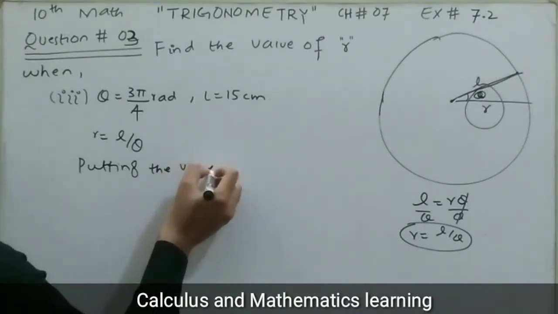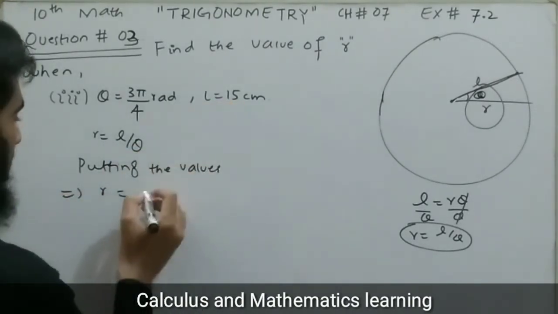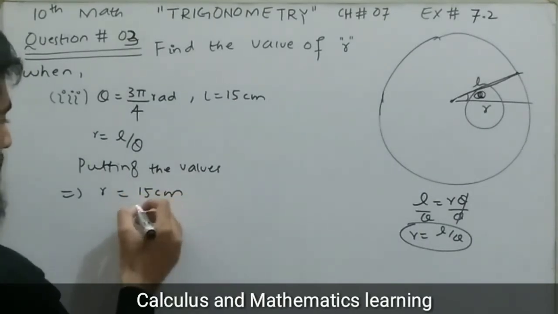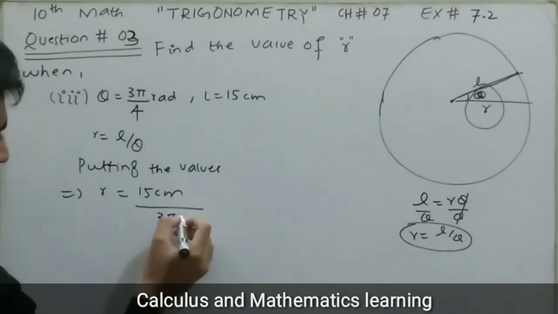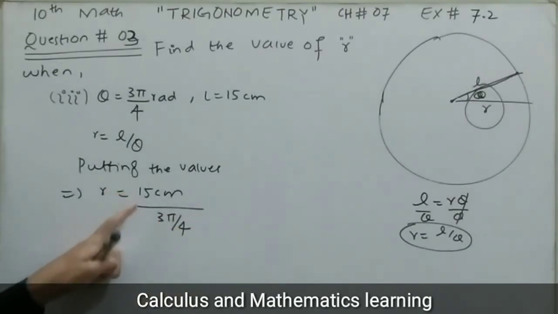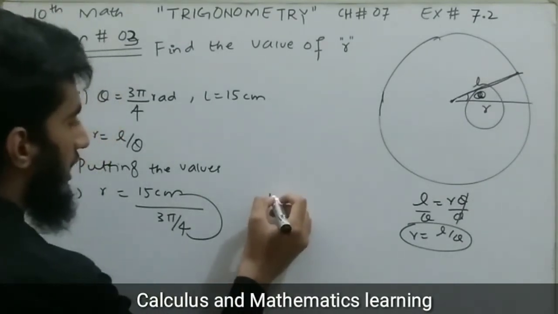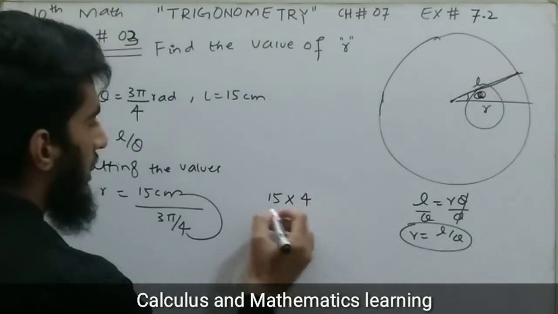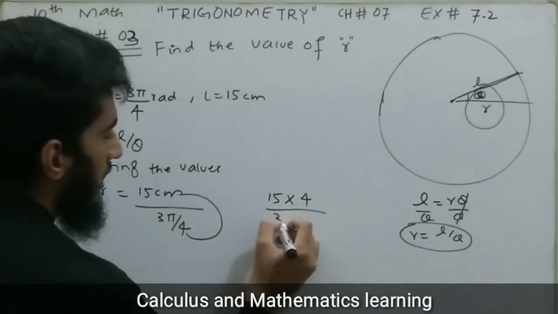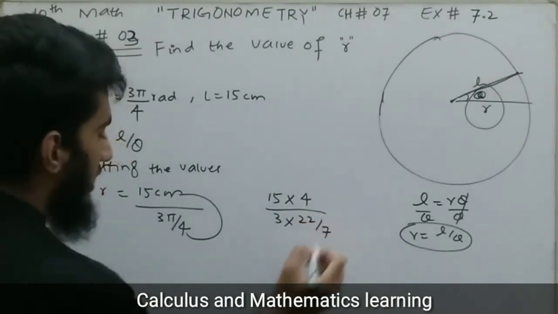So r will be equal to L, 15 centimeter, divided by theta. Theta is 3 pi by 4 radian. Now first division, second division, third division. So the third division will move to the numerator and multiply with the numerator 15. So 15 multiplied by 4 divided by 3 pi. Pi can be written as 22 divided by 7. This is the exact value.